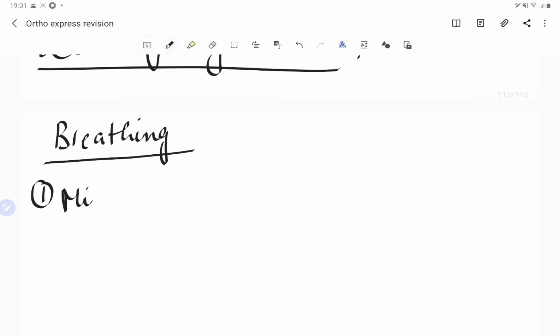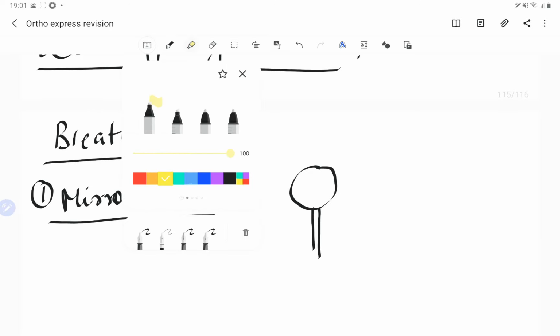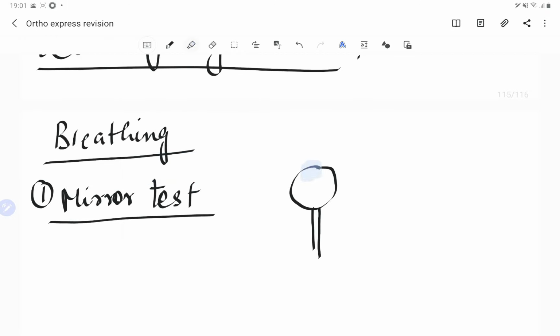First of all, there is a mirror test. Usually we have a mouth mirror which has a mirror at one side, right? But in the case of the mouth breathing test, the mirror we take is a double-sided mirror, so there is going to be a mirror on both sides.